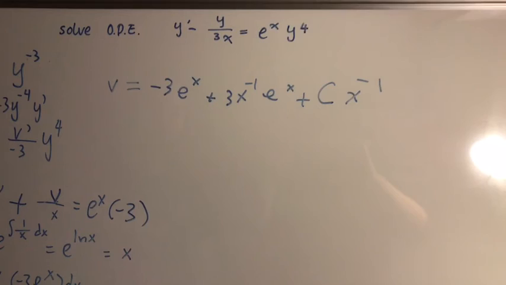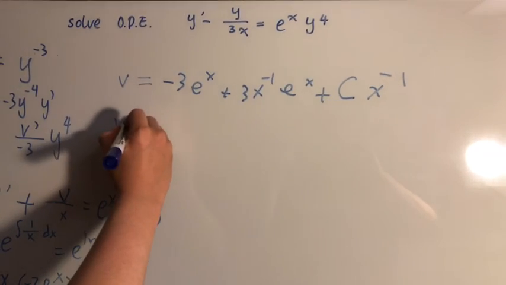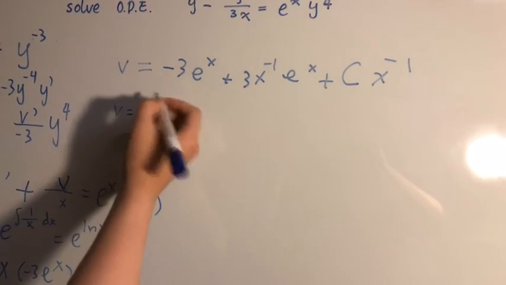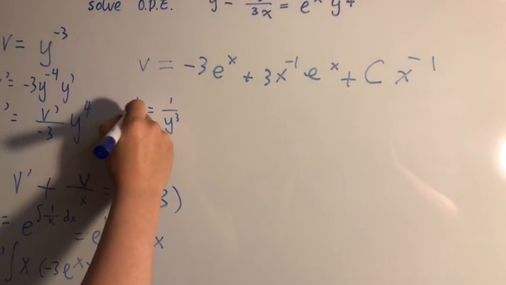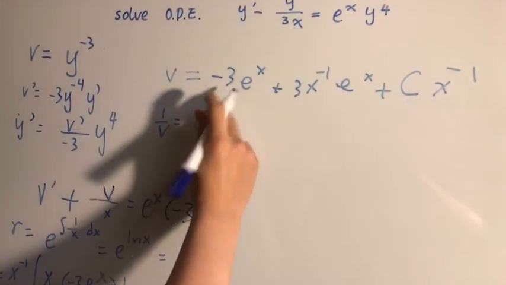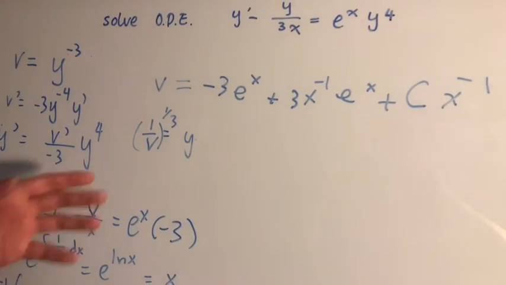So we just have to find y now. So if we rewrite this, we get v is 1 over y to the power of 3. And, well, this means 1 over v is y to the power of 3, and we'll just cube root that, and we have this.